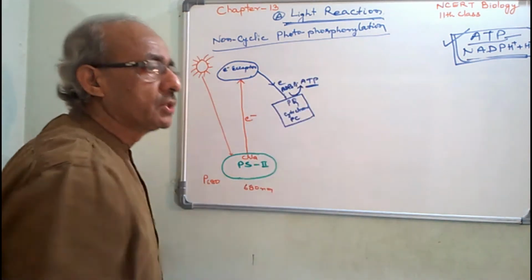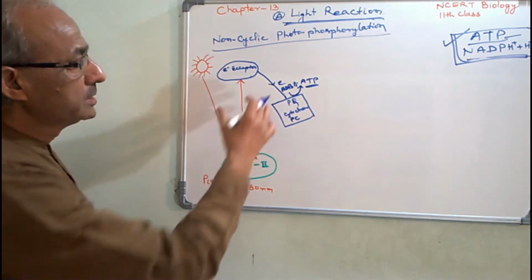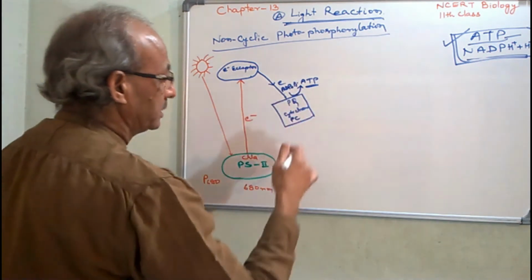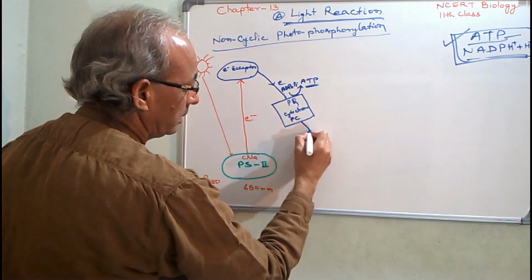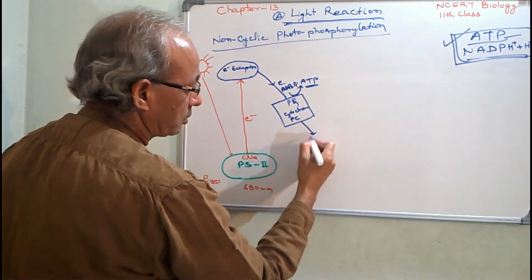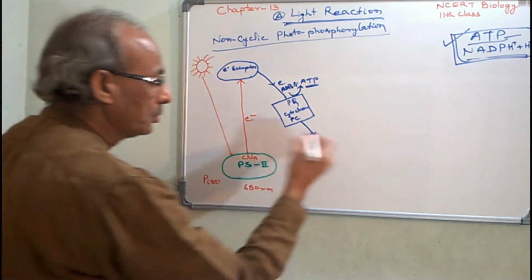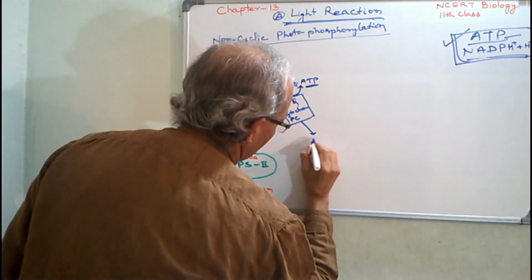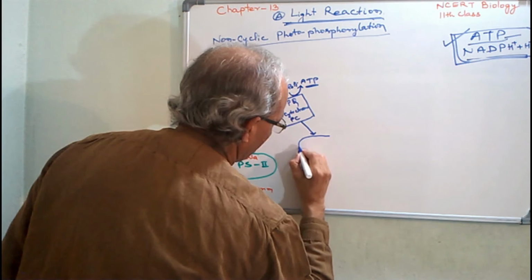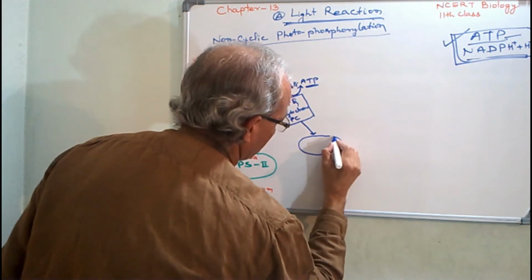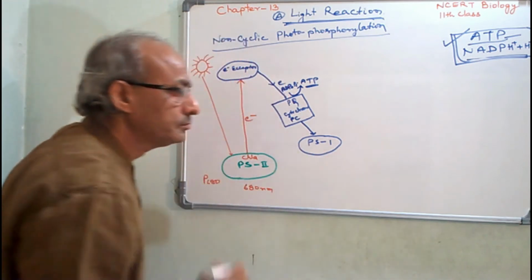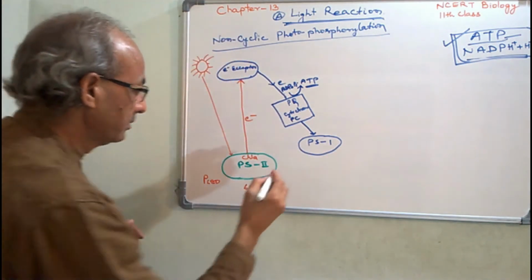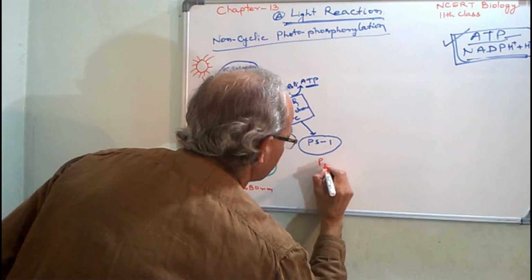It is the currency of energy which is generated here at this stage. After that, the electron is transferred to photosystem first. Photosystem first is also called P700.